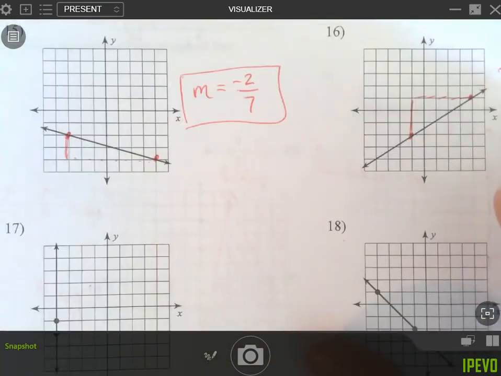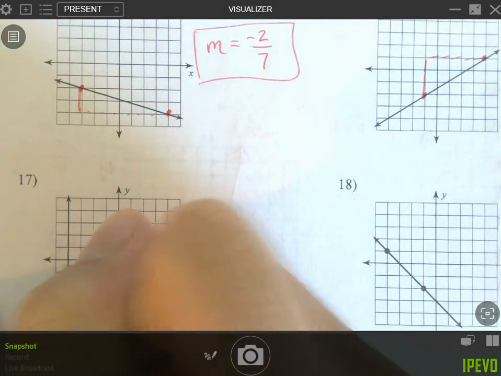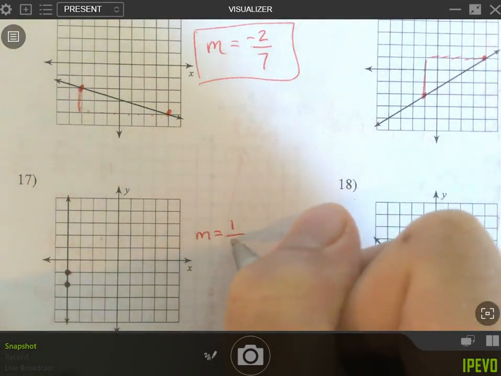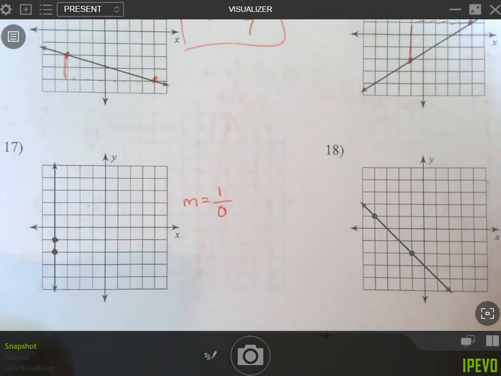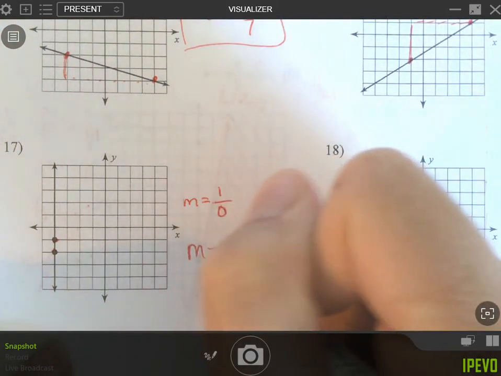17. Well, if I go from this point to this point, what's my rise? 1. What's my run? Yeah, what is 1 over 0? No. Can I have 1 of nothing? No, so what's this one? Undefined.